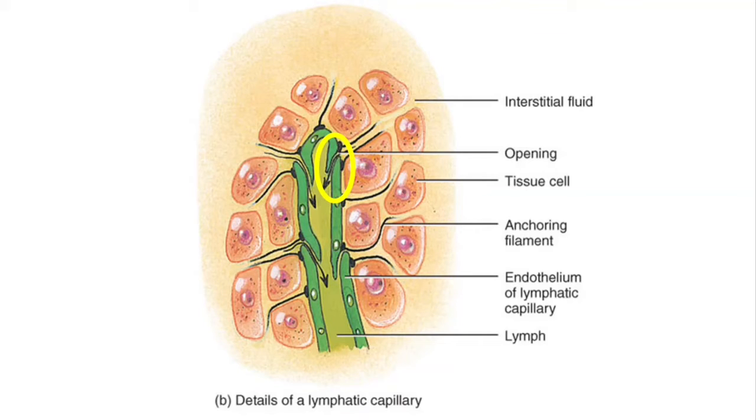These endothelial cells are not joined by tight junctions or any other type of intercellular junctions you have studied when you studied the epithelial tissues. These endothelial cells overlap, and a large molecule can get into the lymphatic vessels by passing between the overlapping endothelial cells.